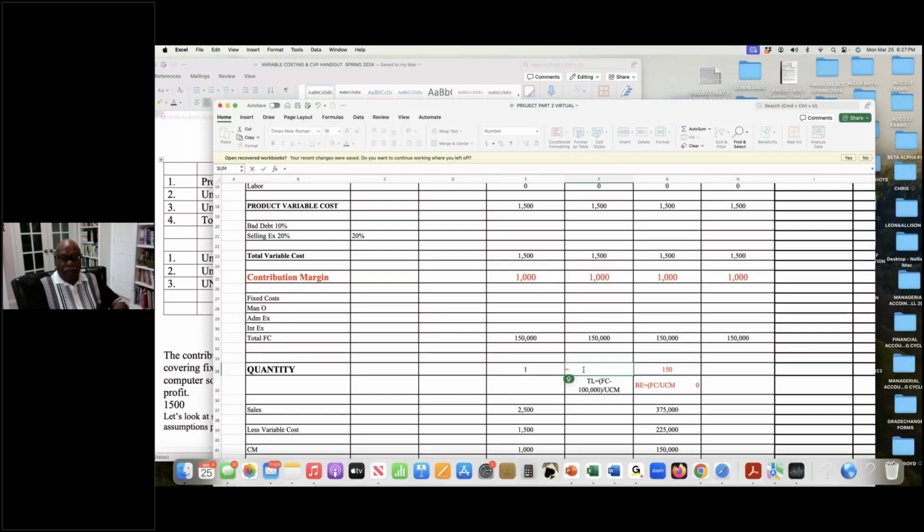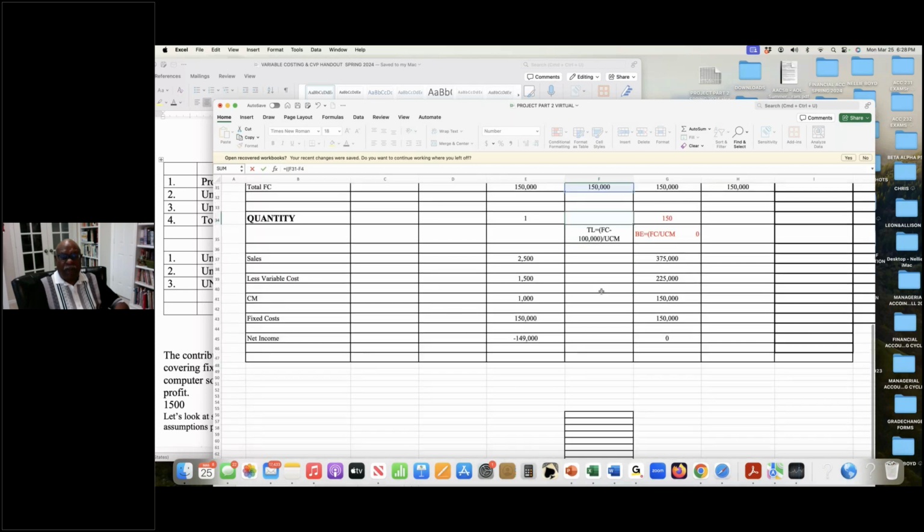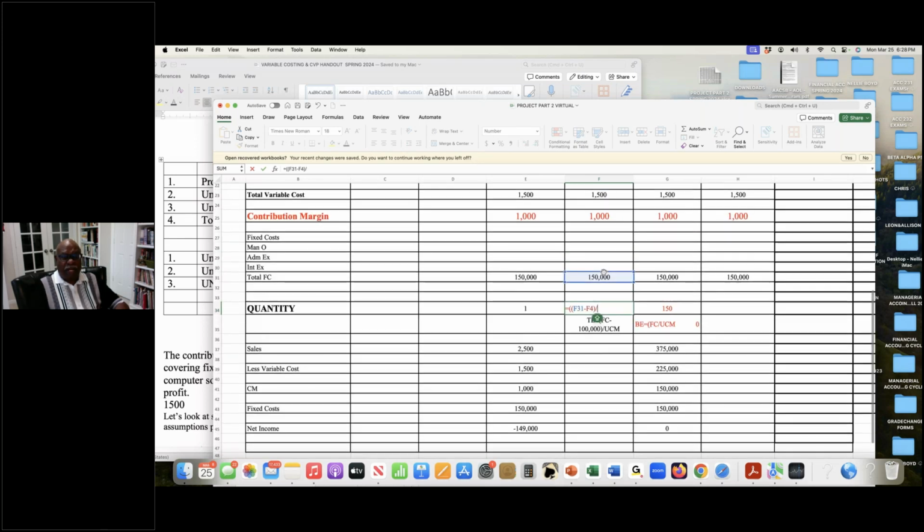So let's see if that works out. We're going to put in the fixed cost, minus the target loss. The target loss amount was 100,000. And I'm going to put a slash in here, then the UCM.